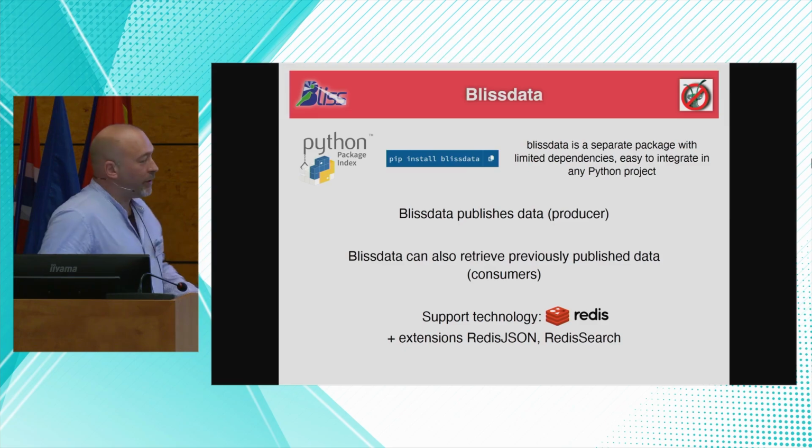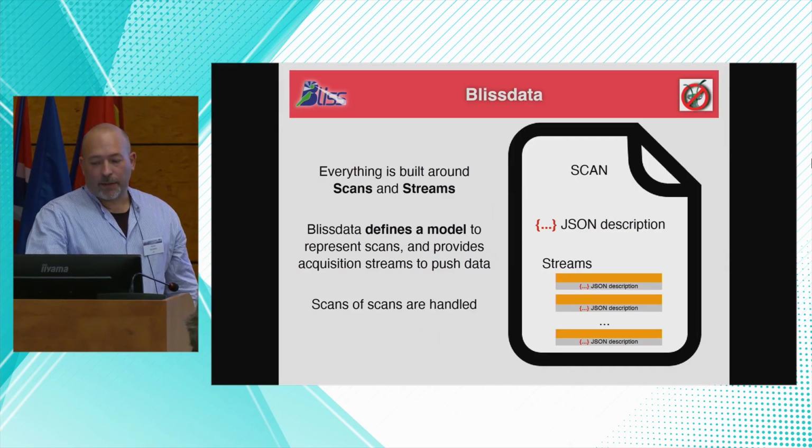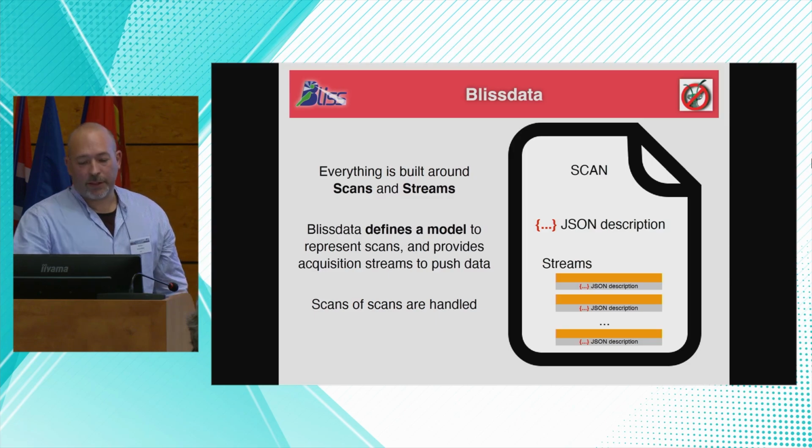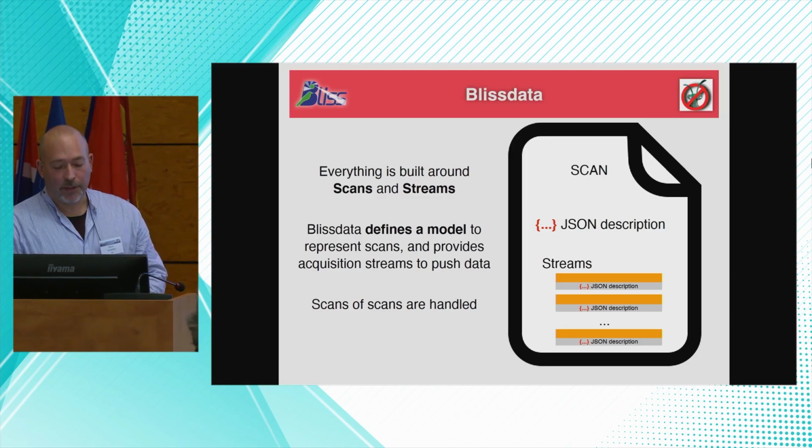The supporting technology is Redis, with the addition of extensions like Redis JSON and Redis Search. So in Bliss data, everything is built with the concepts of scans and streams.